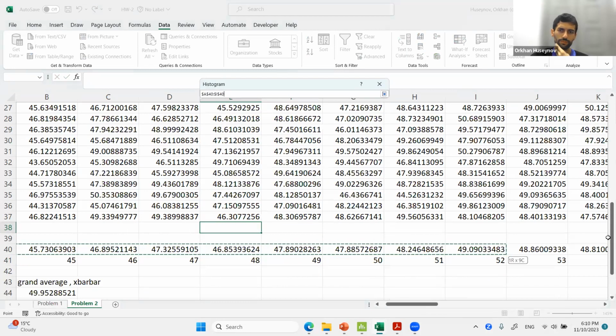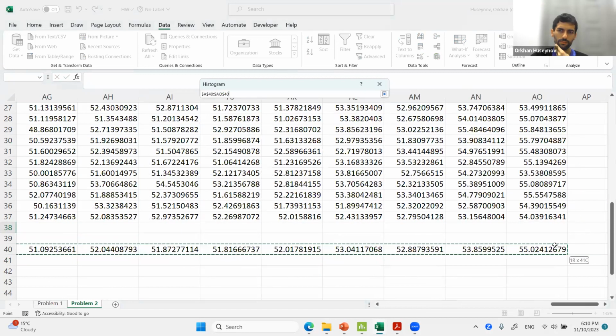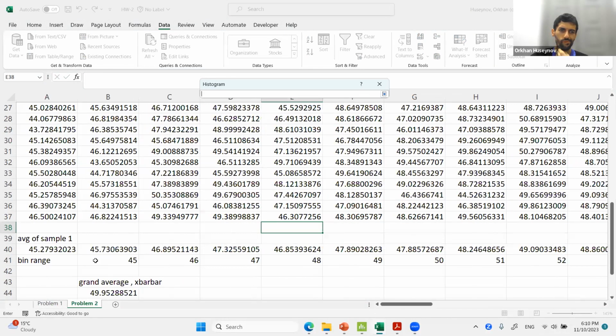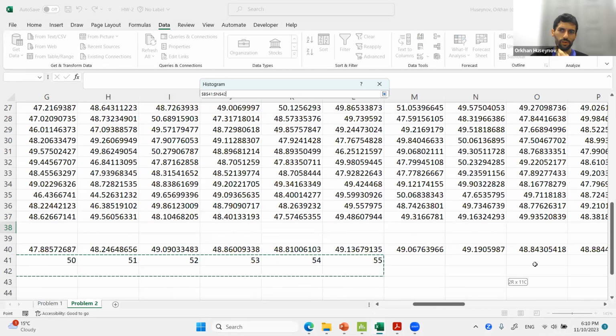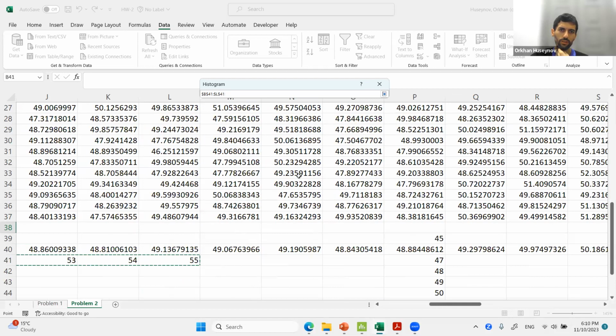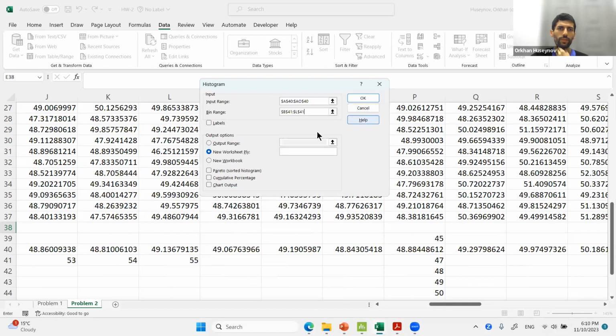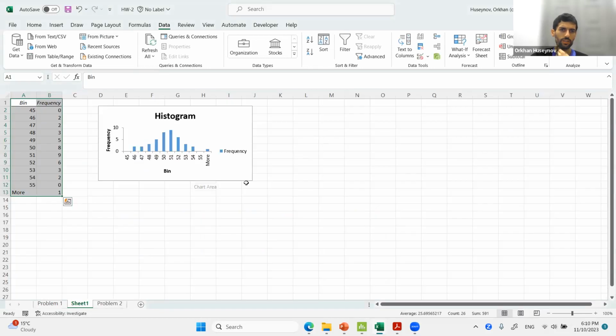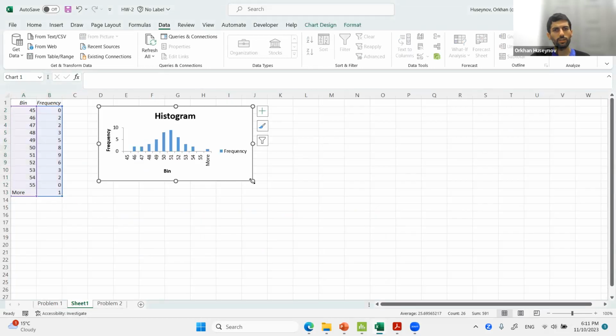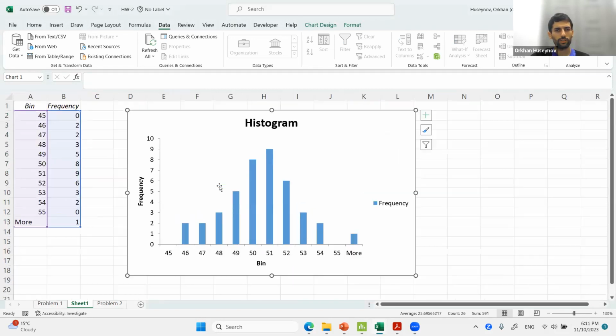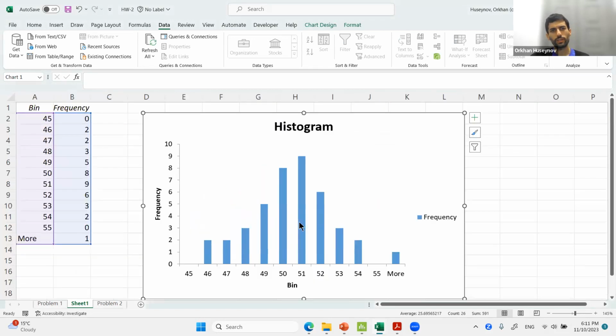And then it is time to draw the histogram for it, and we will have the input range. And then I will have the bin range. Okay. And then for the output, I will want it as a new worksheet, and the chart output you have to select. Okay, as you can see, this is the chart that you will get at the end.